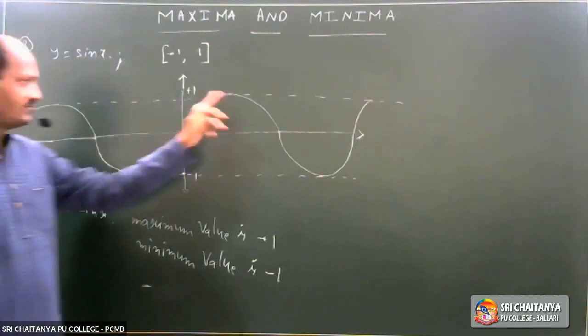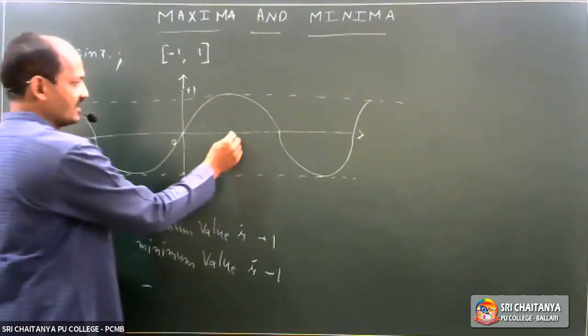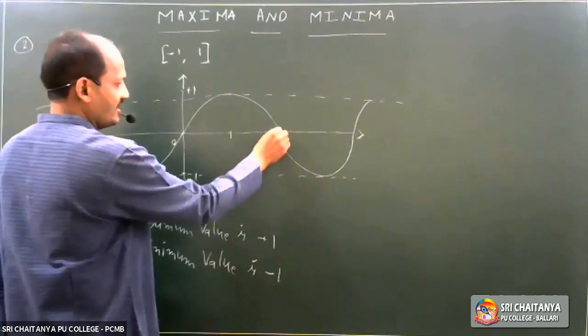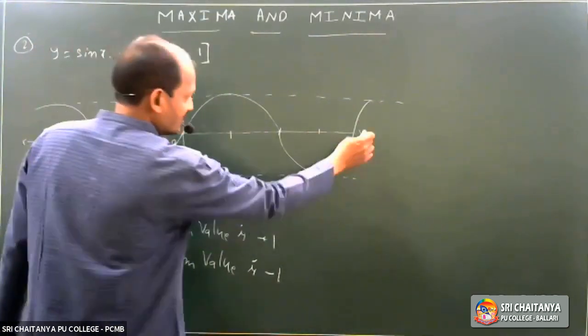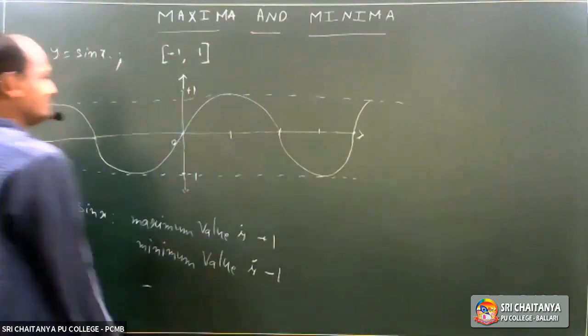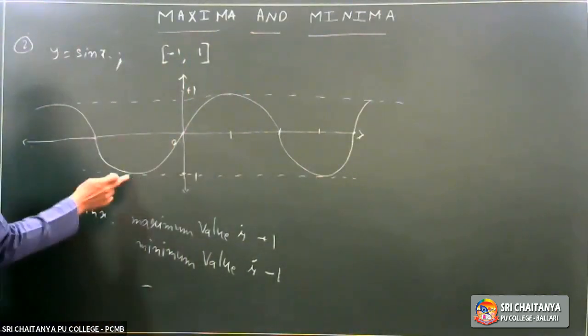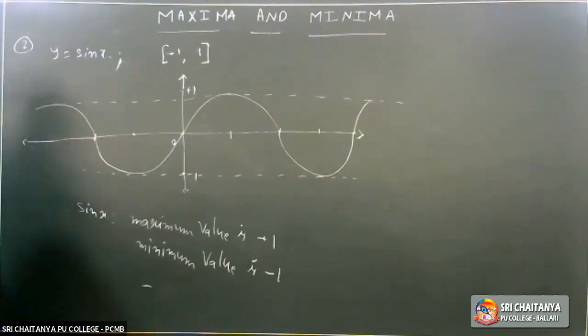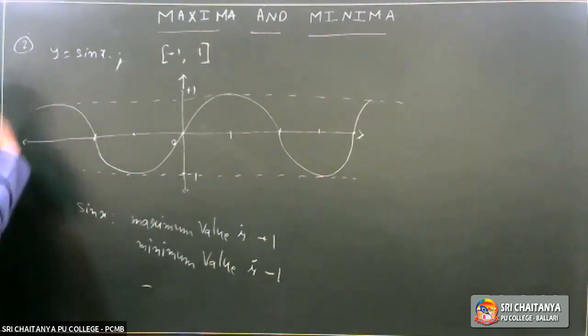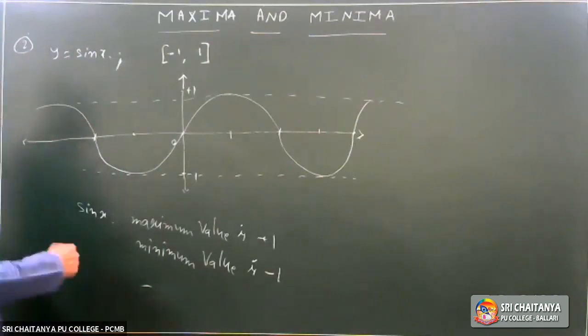It is a sine graph. Sin 0 is 0. Sin 90 is plus 1. Sin 180 is 0. Again sin 270 is minus 1. Sin 360 is 0. Again sin of minus 90 is minus 1. Sin of minus 180 is 0. Again it is increasing. This is the sine graph. You write it down.